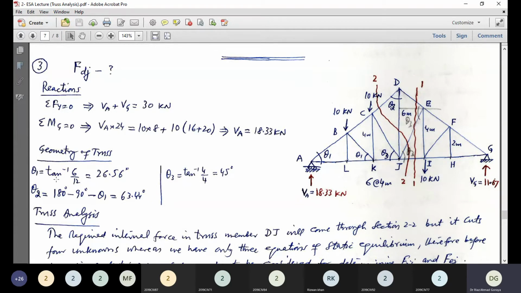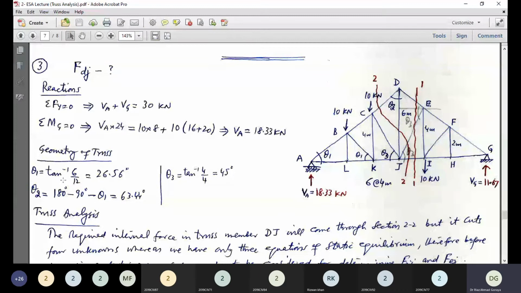So theta 1 will be, these vertical and horizontal distances are given. These are the 6 members at the rate of 4 meter each. This vertical 4 meter, 6 meter, 4 meter, and 2 meter. So with these distances, theta 1 can be determined very conveniently.